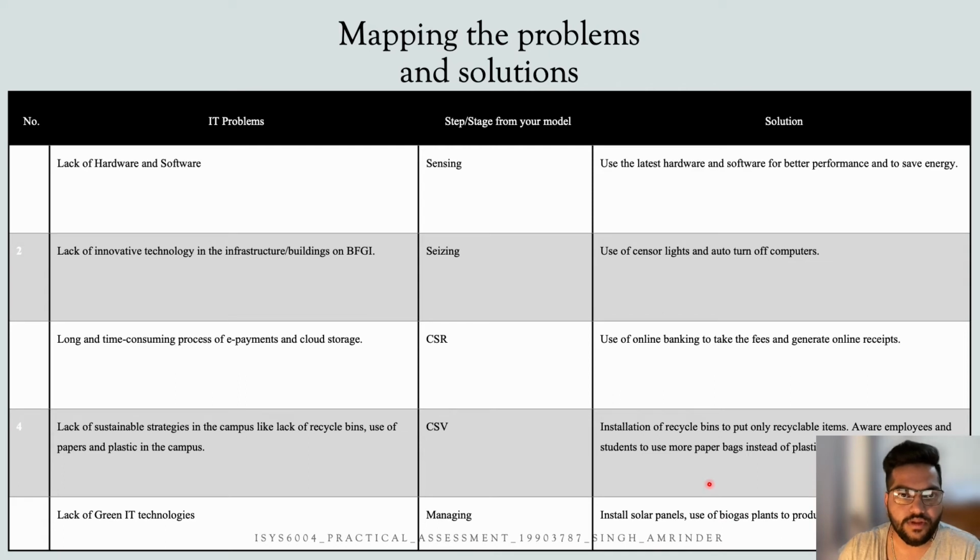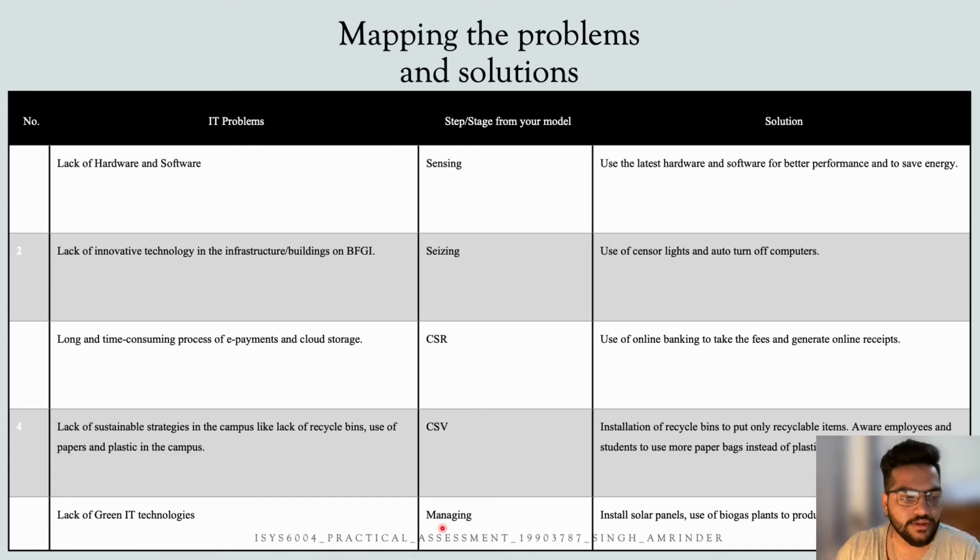And the institute should also start new sessions or workshops to encourage students to use more paper bags instead of plastic ones. So at last, the last problem is the lack of green information technology.